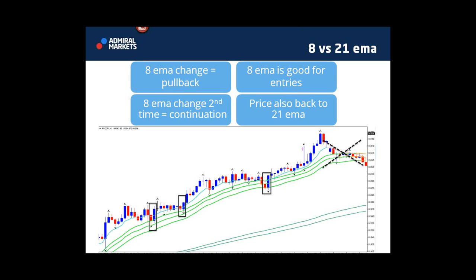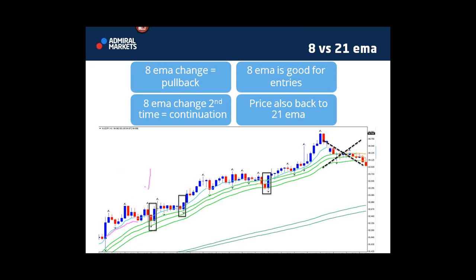So I use the 8 EMA as a measurement of momentum. Now, what I look for is basically here you can see price above the 21 EMA, candles not touching the 21 EMA. The 21 EMA is above the 144. Got everything aligned, right? 21 above 144, price above 21. And not only that, price is not touching the 21. 8 EMA is bullish.